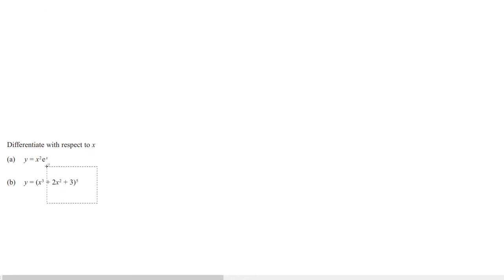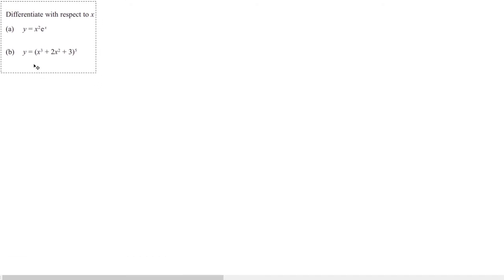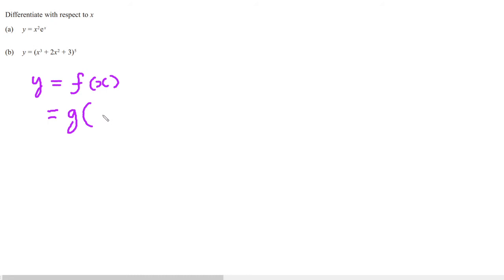I'm going to move this up because I want a little bit more space. For this differentiation exercise, we're going to be using the chain rule. The chain rule applies if you have a function where y is equal to some function of x, but you can express it as g of h of x, some function of another function of x, or what people like to call a composite function.